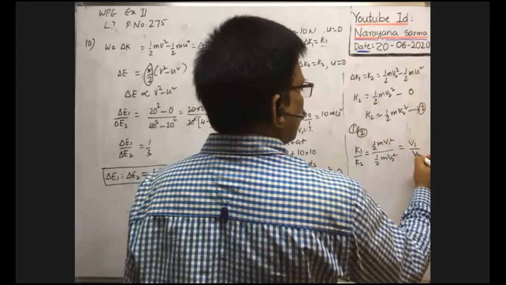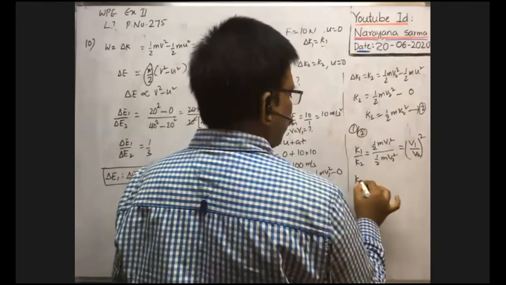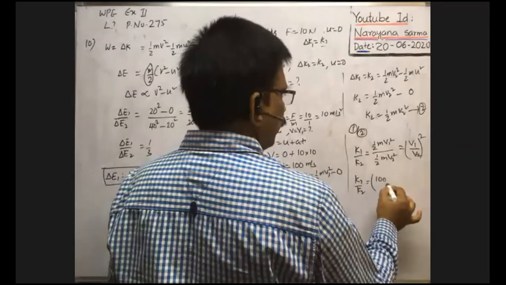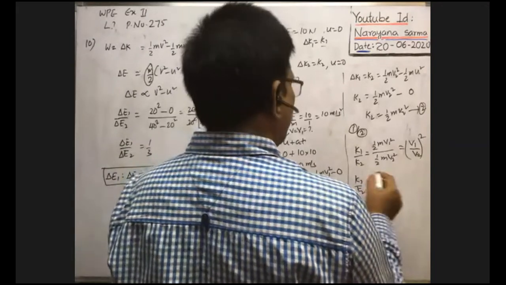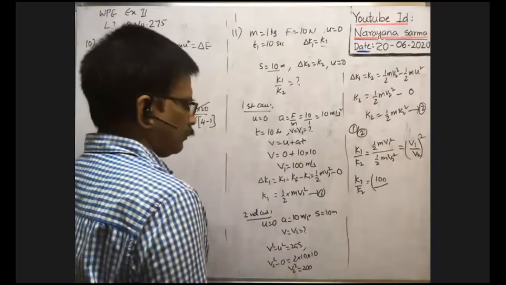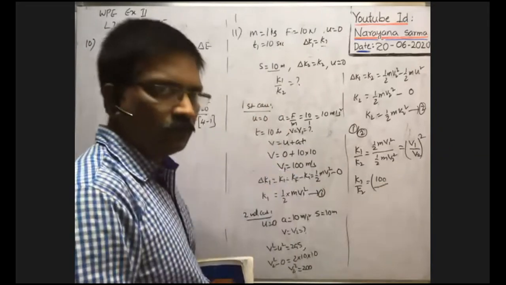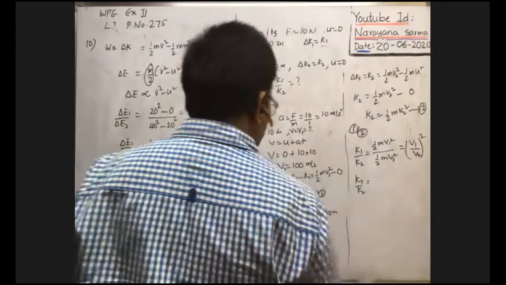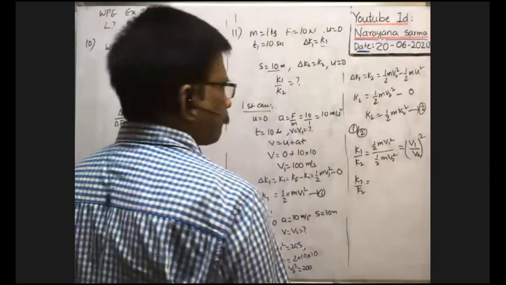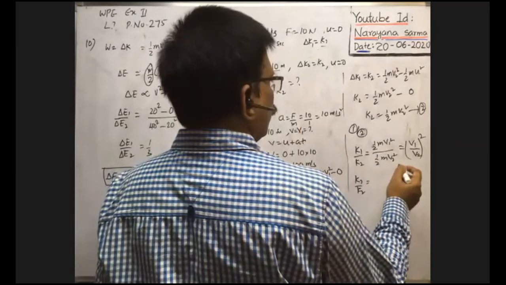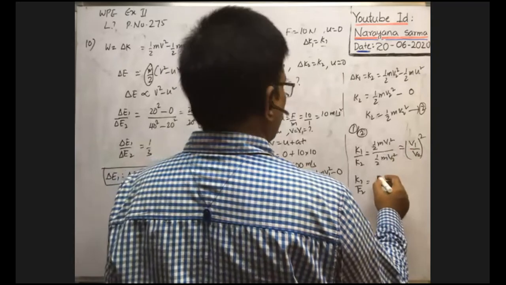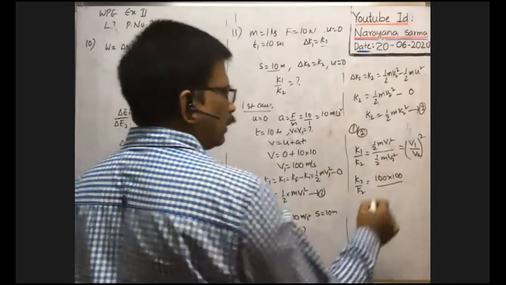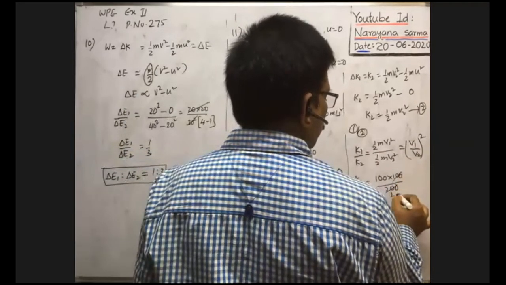K1 by K2 is v1 square by v2 square, v1 square means 100 into 100, by v2 square, which is directly 200 we got. So 100 by 200 into 100 gives 50.